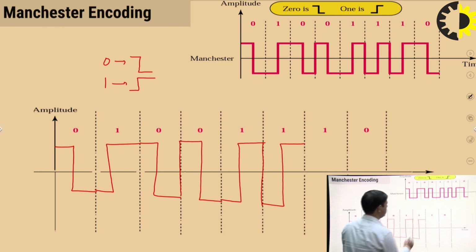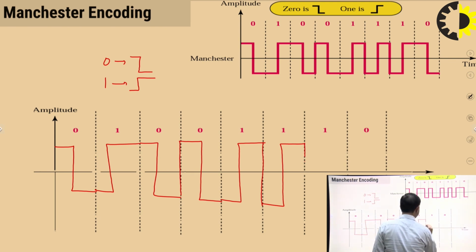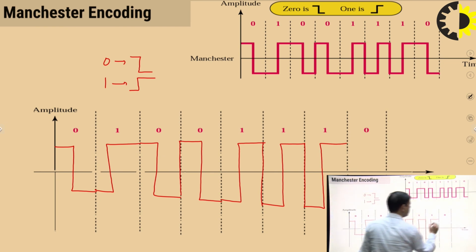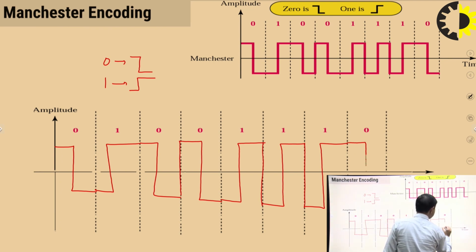Again 1, the same. Now the next bit is 0. For 0, we have to start from upper to lower. This is the way to convert digital data into a digital signal by using Manchester encoding, which is used for synchronization and bit level representation.